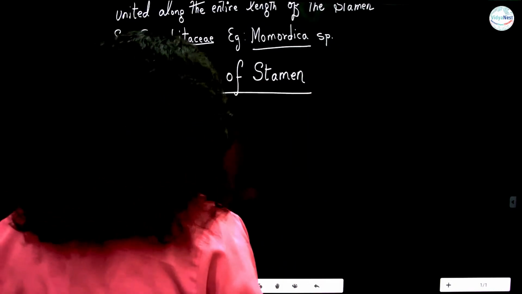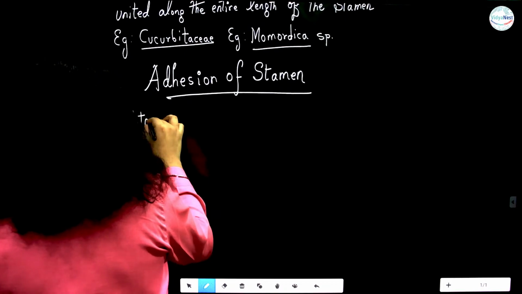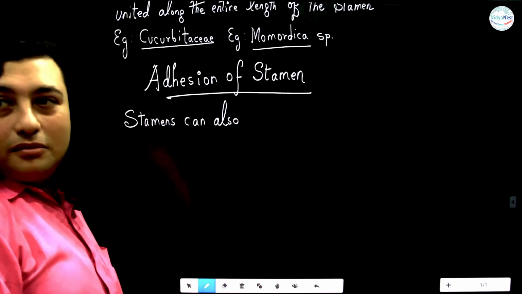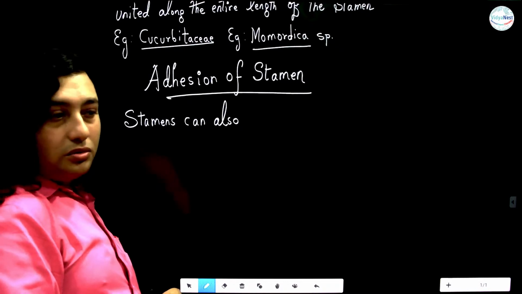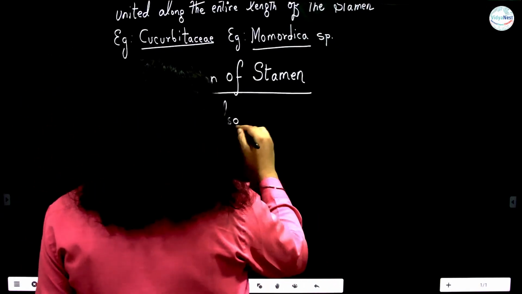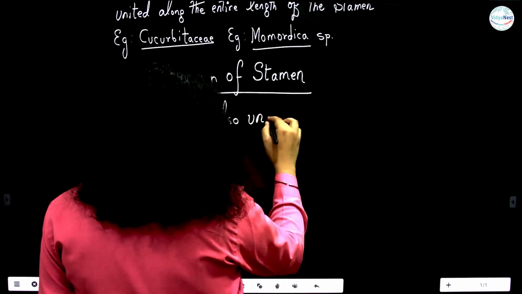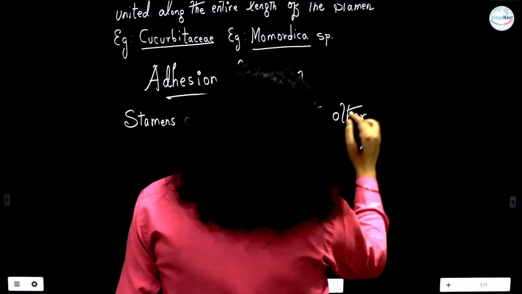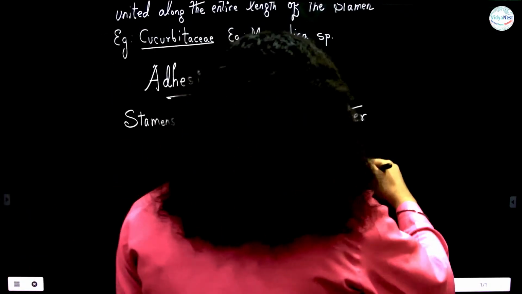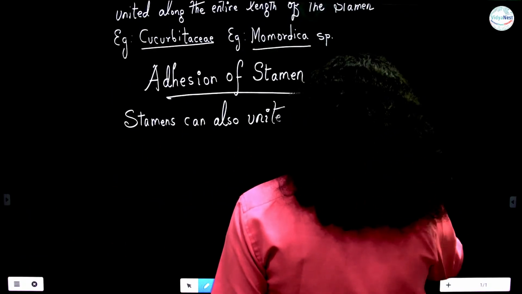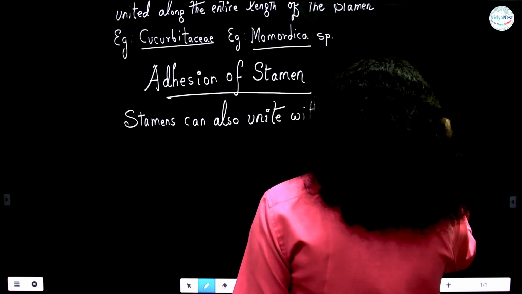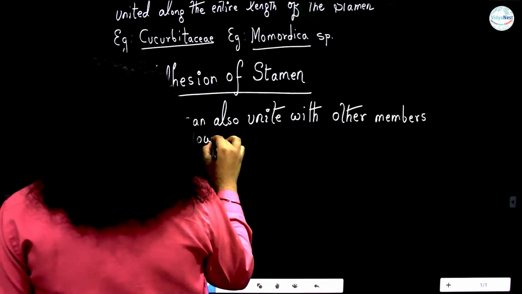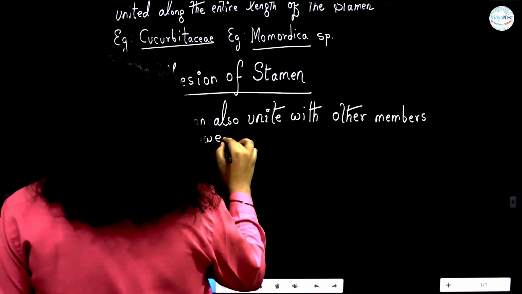Now, in adhesion of stamen, stamens can also unite with other members of the flower, and this condition is known as adhesion.